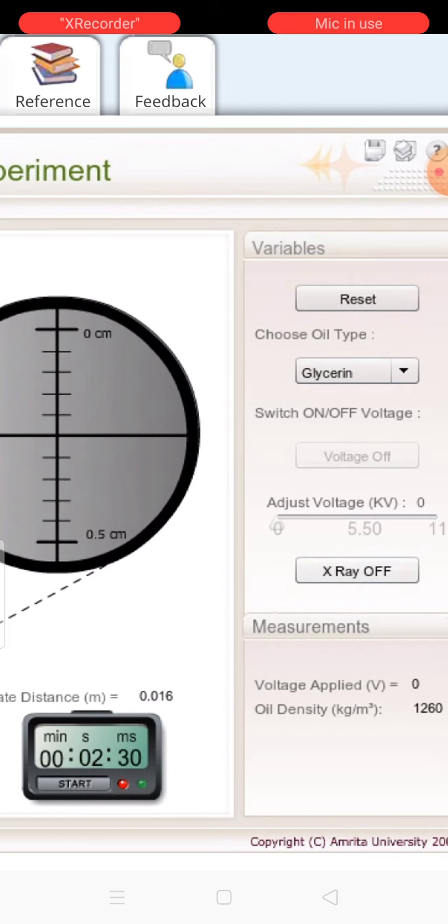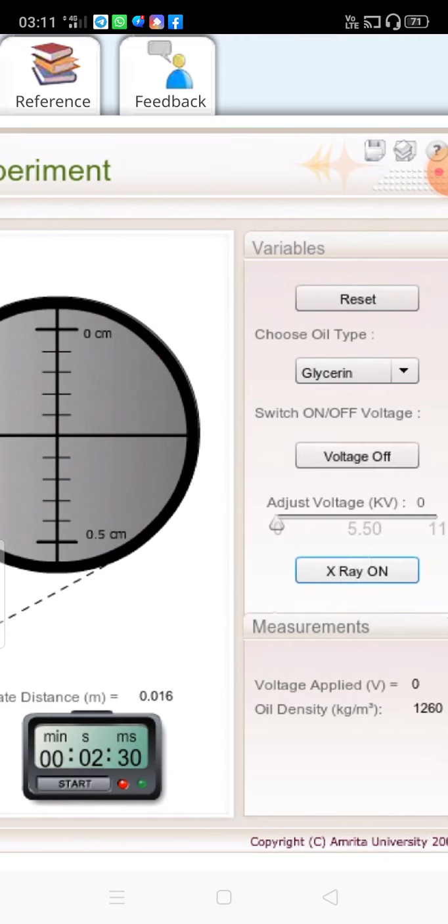Sorry, I have to start at a particular point. X-ray on, then what will work?